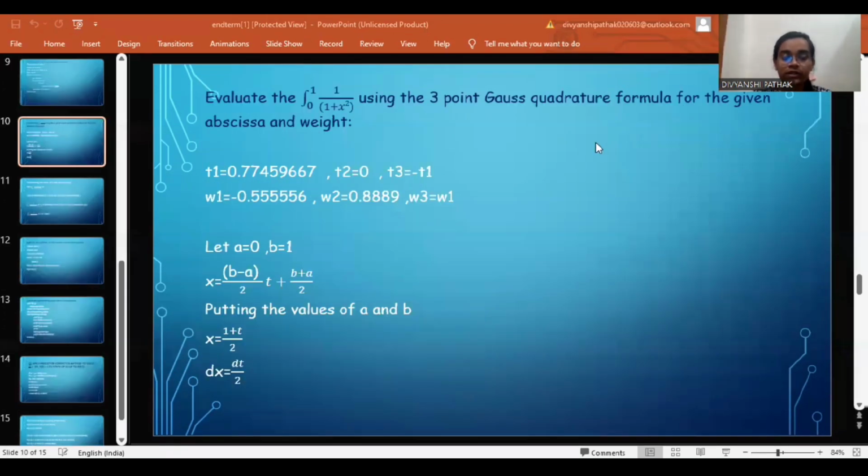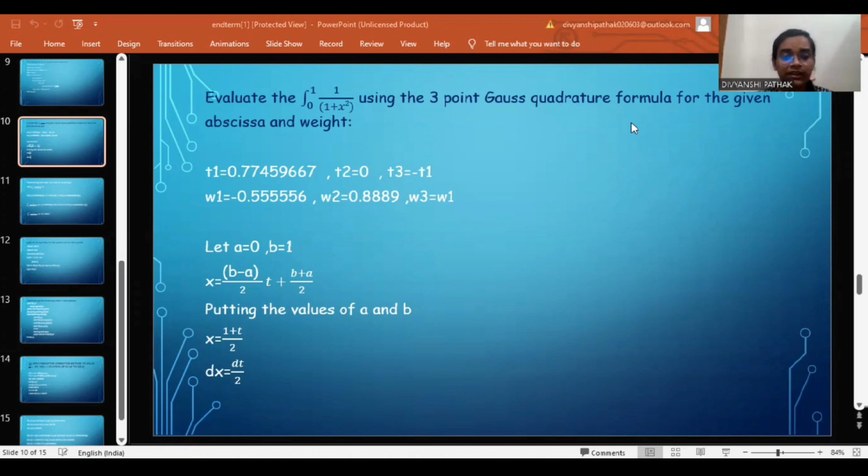Next question, evaluate the integral with lower limit 0 and upper limit 1 for the function 1 upon 1 plus x square using the 3-point quadrature formula for the given abscissas and weights. So the given abscissas are t1, t2 and t3, and the given weights are w1, w2 and w3 respectively.